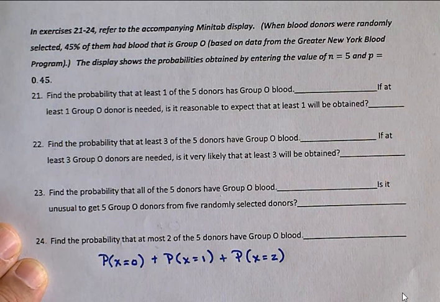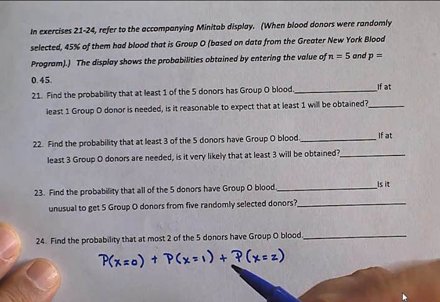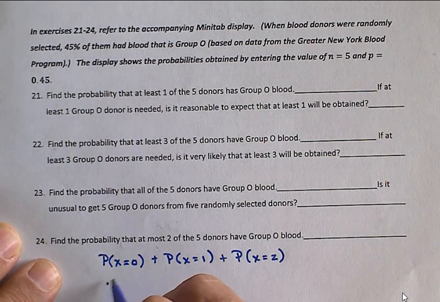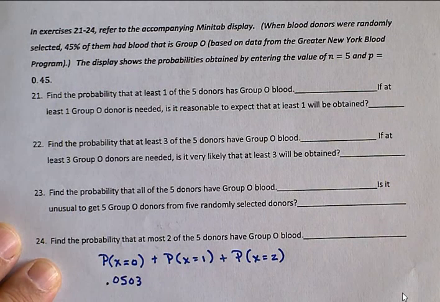So when I plug in, this has 5 trials, and my probability is 0.45, and I want my X value to be 0 for this first time. Okay, I get 0.0503. Okay, I'm going to do it again.